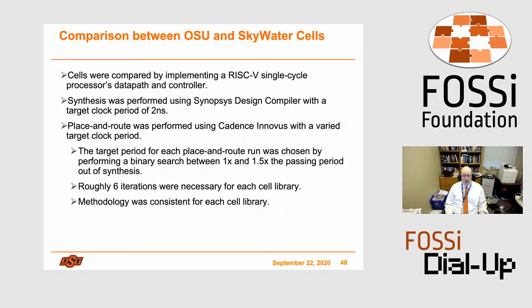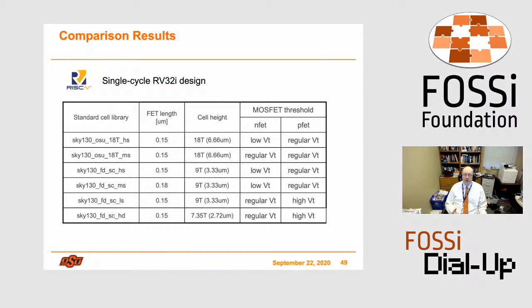We used Innovus for the place and route, and we tried to place by choosing between 1 to 1.5 times the passing period on the synthesis. We did 6 iterations on the cell library, and the methodology used for the comparison is consistent across each cell library.